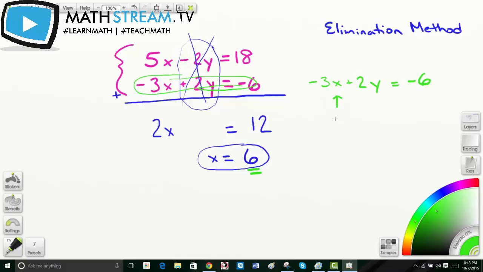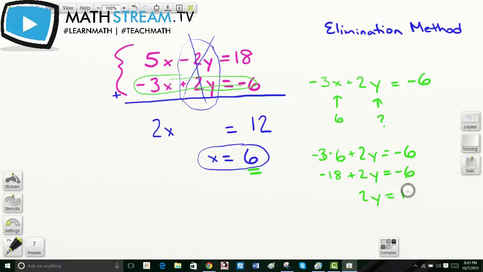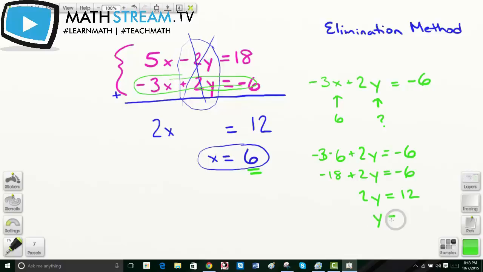Let's find out if x is 6, what is y? So that would be negative 3 times 6 plus 2y equals negative 6. So that's negative 18 plus 2y equals negative 6. Add 18 to both sides. I get 2y equals 12. Oh, conveniently, we're actually going to get the same value for y as for x, because in this case y will also equal 6. That's just a coincidence.